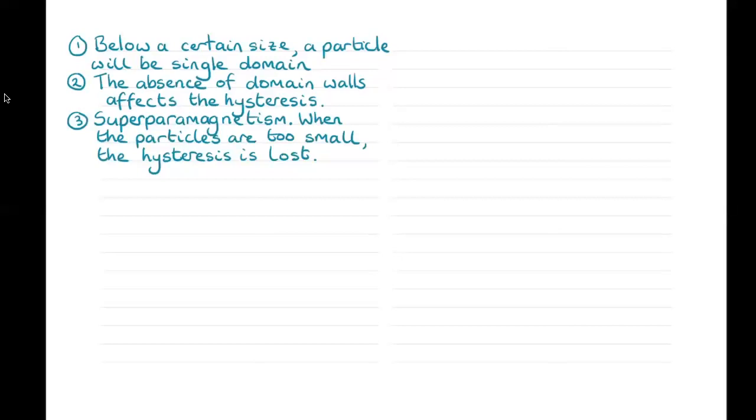Okay, so let's start with the first one, the fact that a small particle is single domain. We can understand this first just very hand-wavingly, because we know that a domain wall has a certain width.